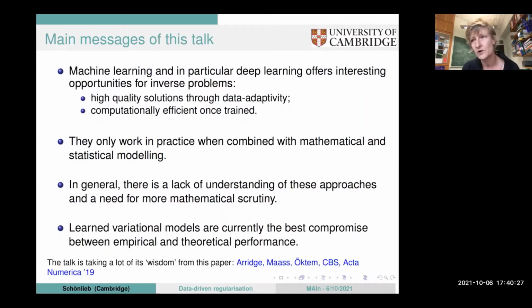For inverse problems, because they are very hard mathematical problems, they're ill-posed problems, and we'll get to that in a moment, they can't be just solved with off-the-shelf neural networks. They need to be combined with mathematical and statistical modeling.